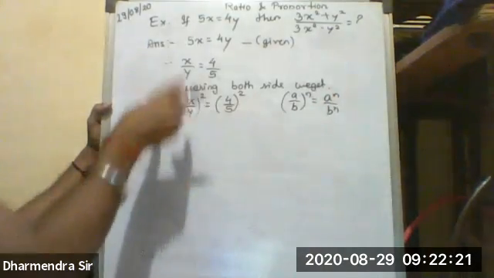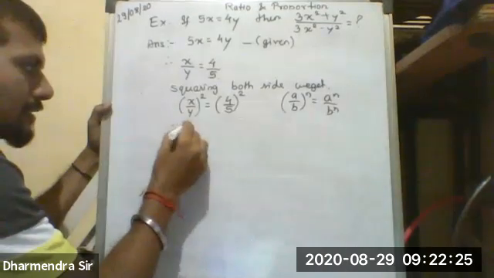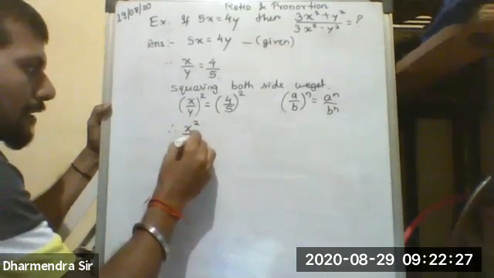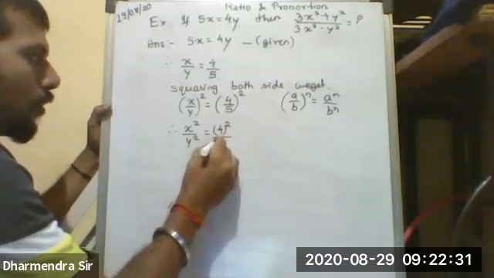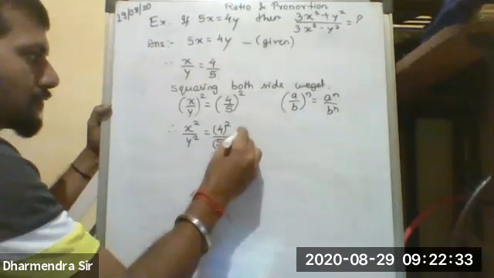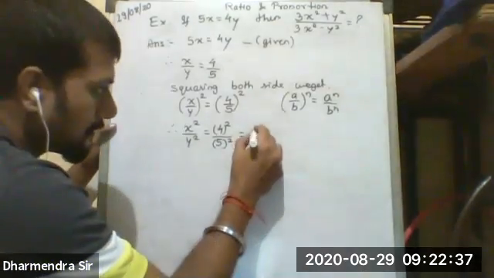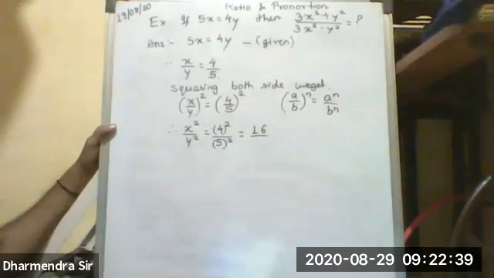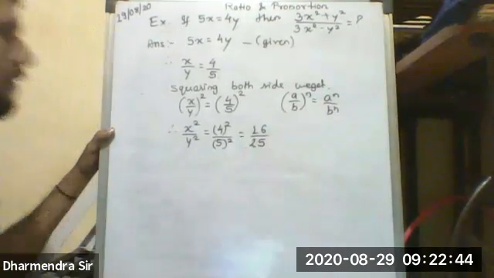So separate this numerator and denominator. So this can be written as x square by y square is equal to 4 square upon 5 square. 4 square is 16 and 5 square is 25.